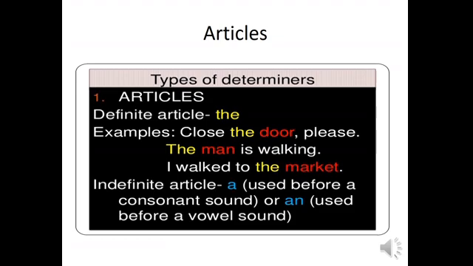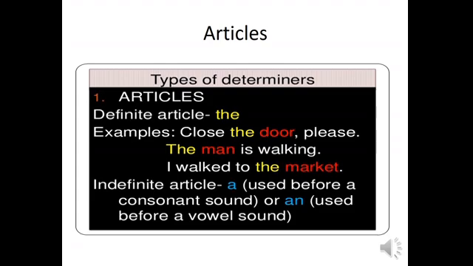In the definite article you use the. It gives us definite information; it makes it particular, definitely. In the indefinite, it may or may not be. It is not giving any definite idea, which is why it is called indefinite. For example: close the door please.